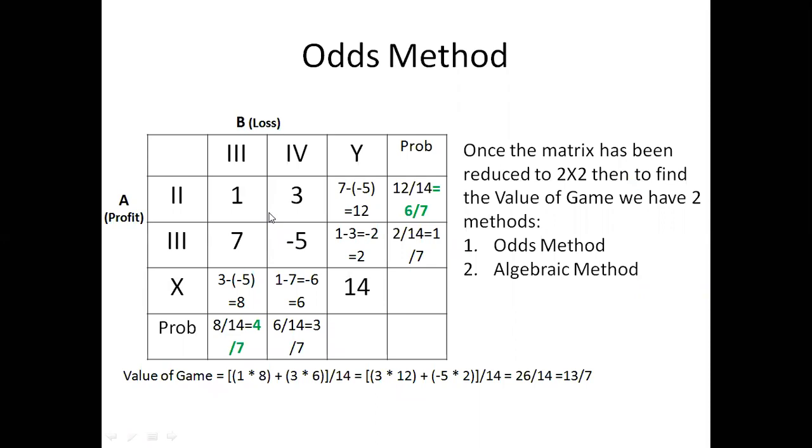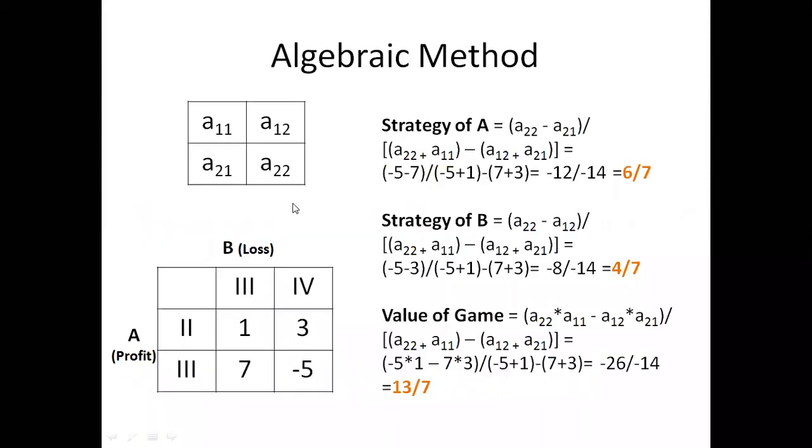Now we are discussing the second method, called the algebraic method, also called the arithmetic method. The odds method is also called the shortcut method. For the algebraic method, I consider only these four values. Let's say I name them A11, A12, A21, A22. These are the names given to these four cells.